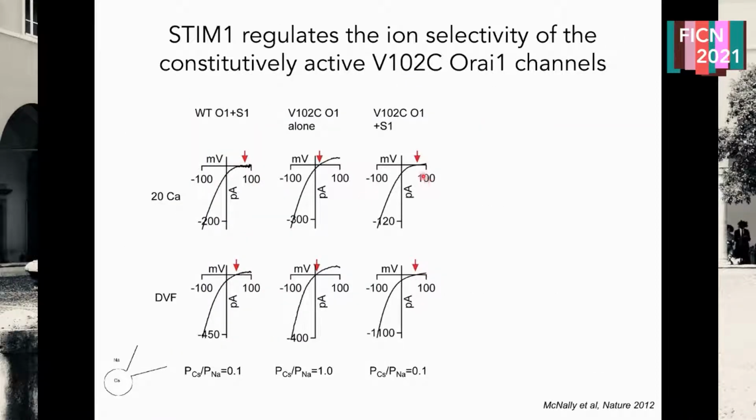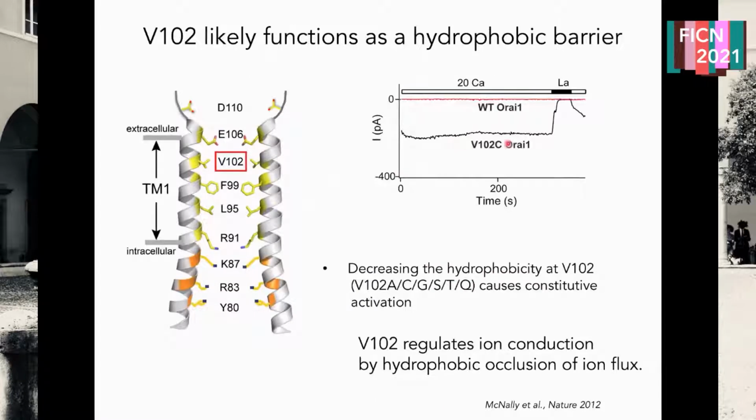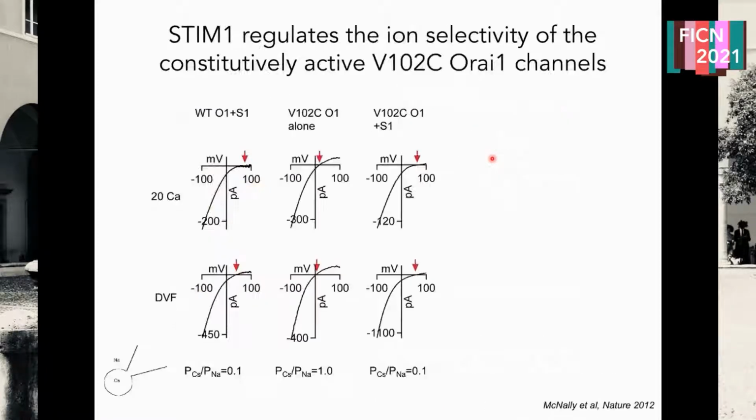Now, one thing I should point out is that when we looked at the ion selectivity of these and other mutants, there was something interesting that came out. The native Orai channel, the wild type channel, is one of the most calcium selective channels that's known in our body. In fact, it might be the most calcium selective ion channel, more selective than voltage gated L-type calcium channels.